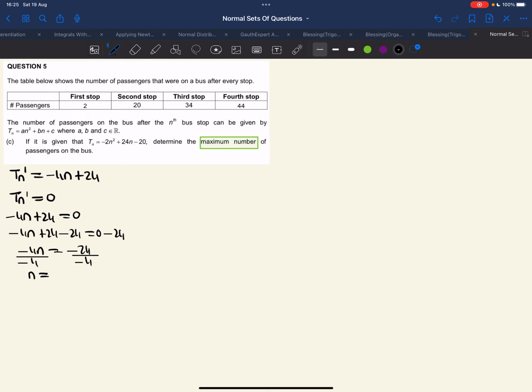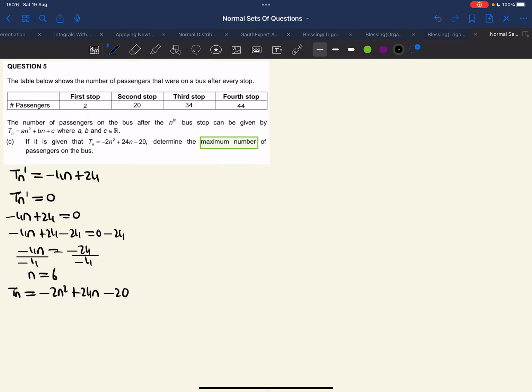Yes, we're going to get 6. Then, to find the maximum number of passengers, we substitute this n back into the original equation. Remember, the original equation is given as Tn equals minus 2n squared plus 24n minus 20, right?